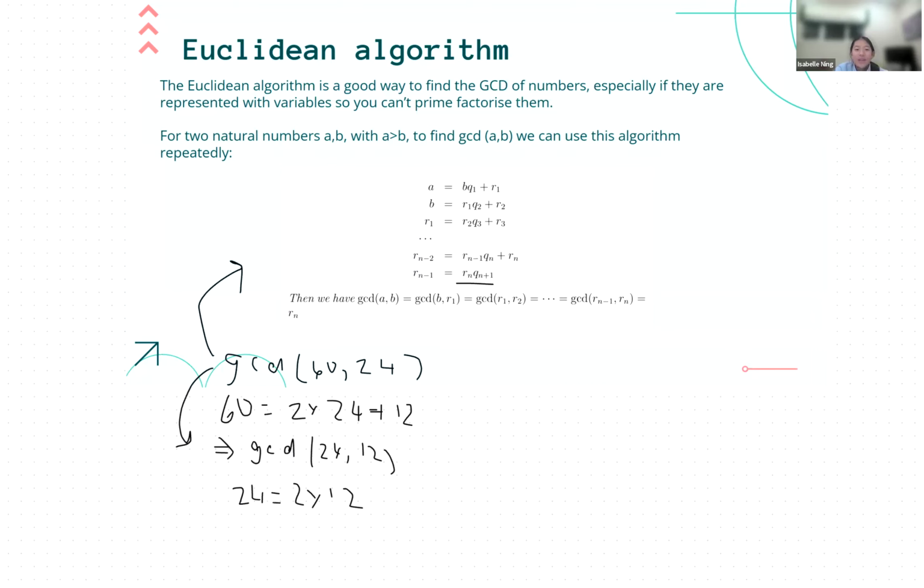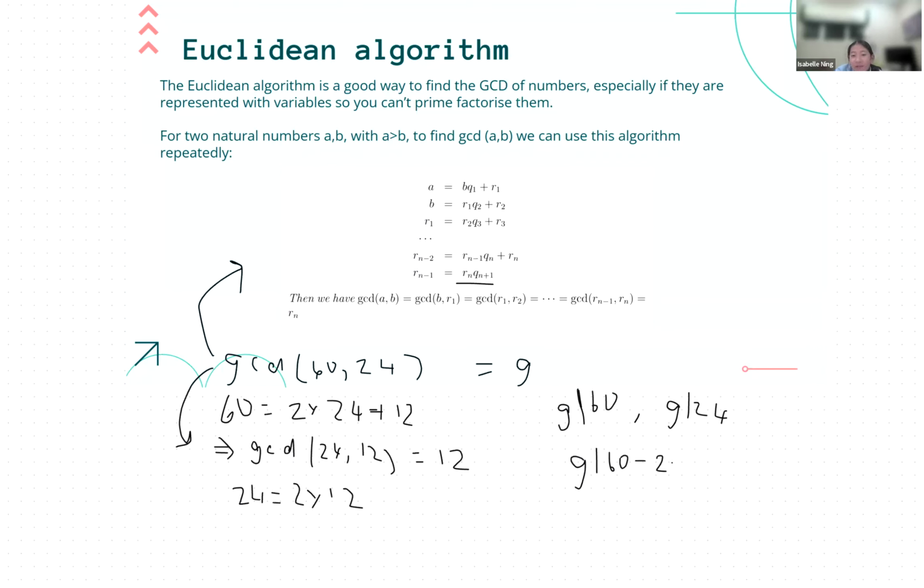And this makes sense because if you let the greatest common divisor of 60 and 24 equal, for example, G, right? If we know that G divides 60 and G divides 24, then from our previous result, we find out that G divides 60 minus 2 times 24, right?